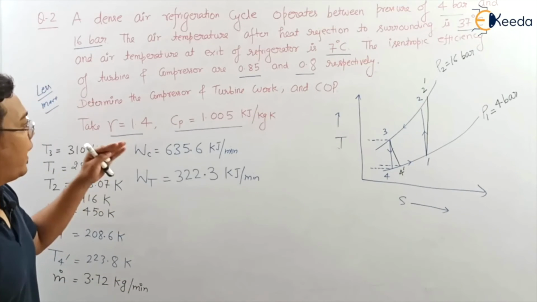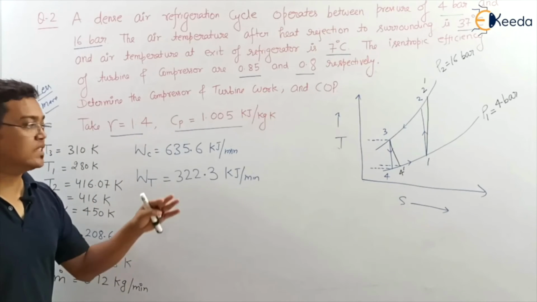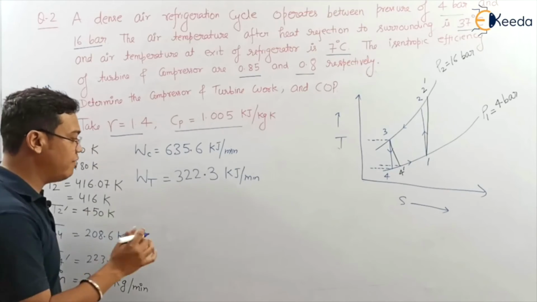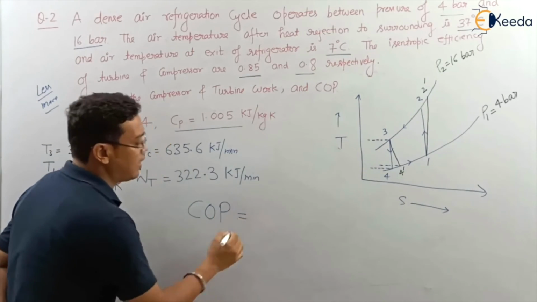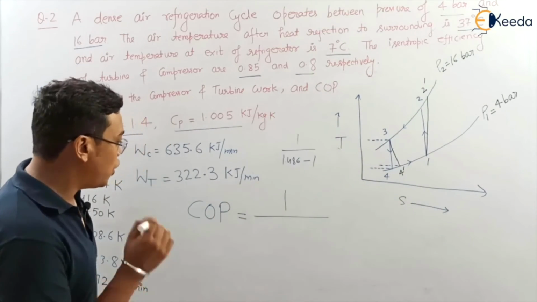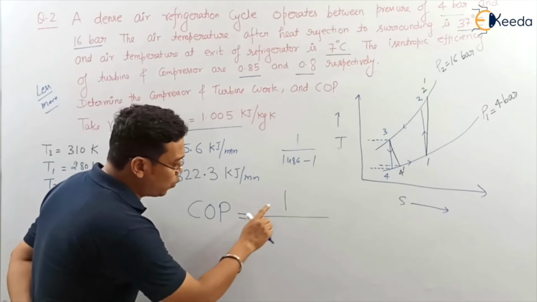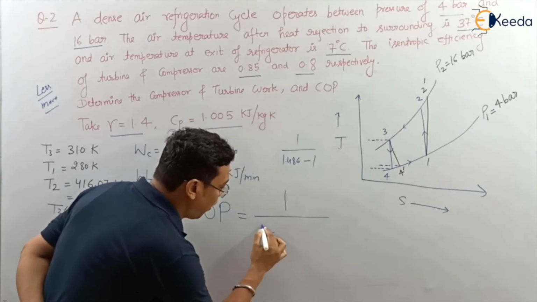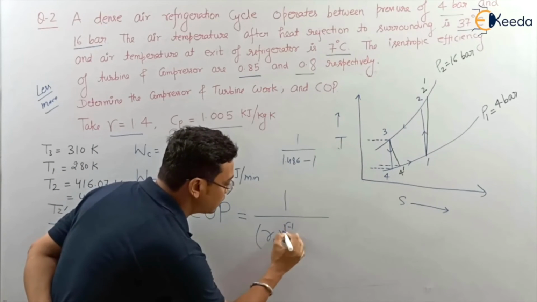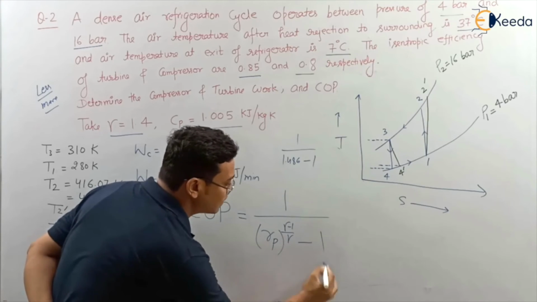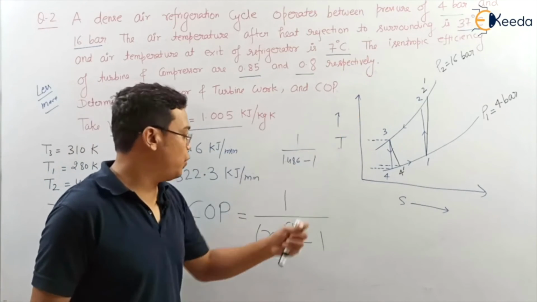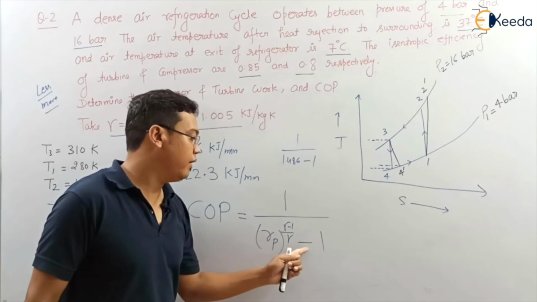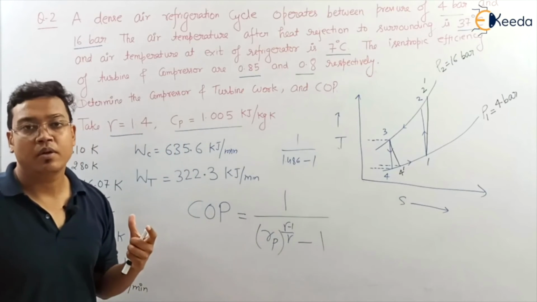Now we will find out the coefficient of performance for this cycle. You know very well the COP for the reverse Brayton cycle: COP is equal to 1 divided by RP to the power gamma minus 1 upon gamma, minus 1. You can put the values of RP and gamma and you will get the COP. Is it correct?